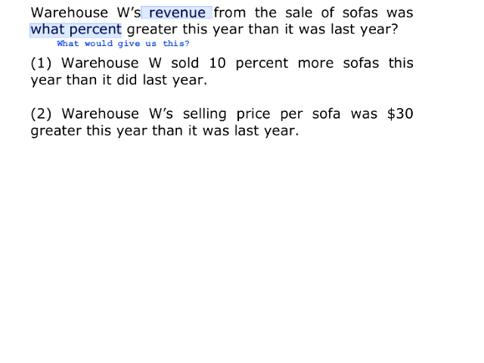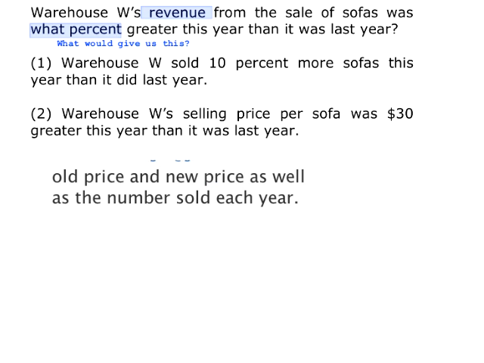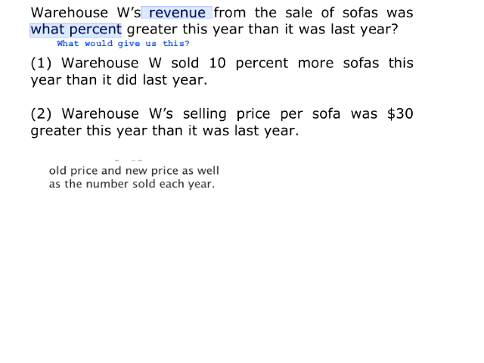So if you had all of that information, then of course, yeah, but they're not going to write data sufficiency problems like this. In other words, if you have specific numbers of units for both years and actual prices for both years, yes, that would tell you that, but this is absolutely not how data sufficiency works.